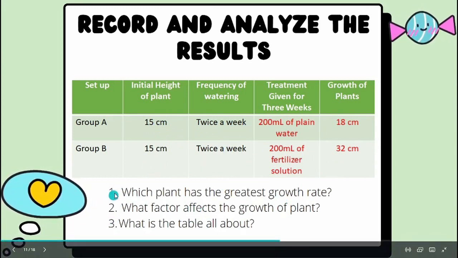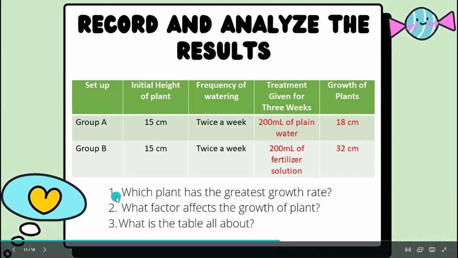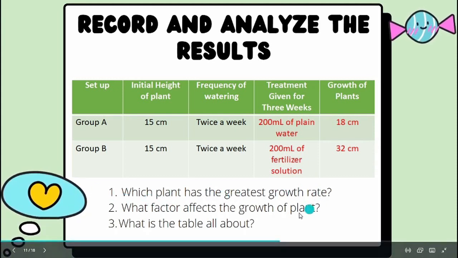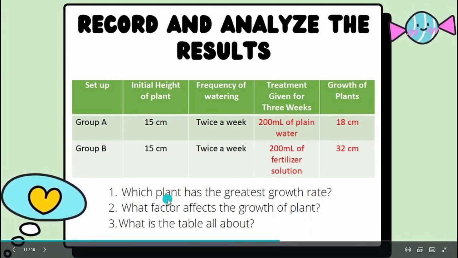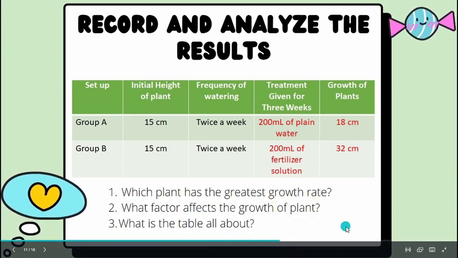Okay, but guide questions like this one can help you write the explanation. So all you have to do is to answer the questions. Which plant has the greatest growth rate? What factor affects the growth of plant? And what is the table all about?